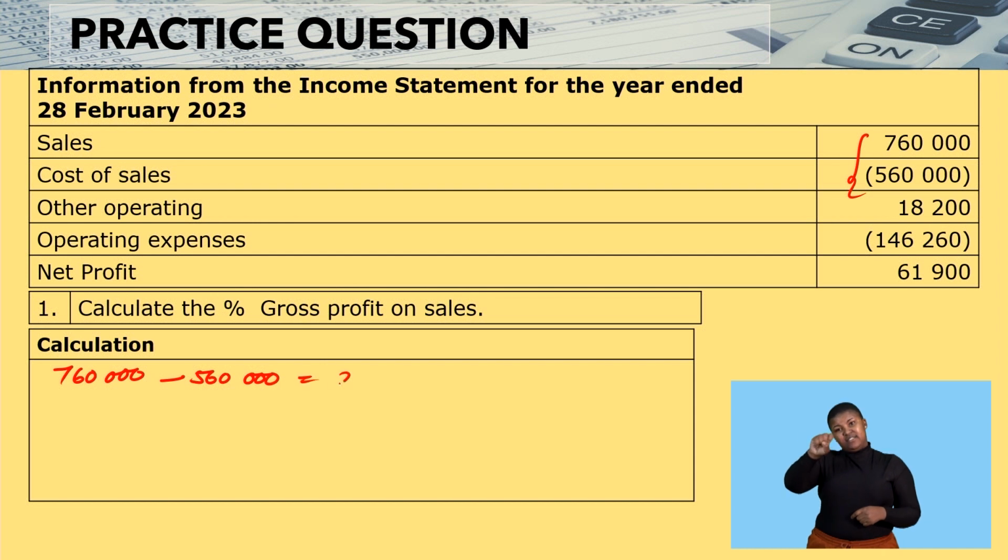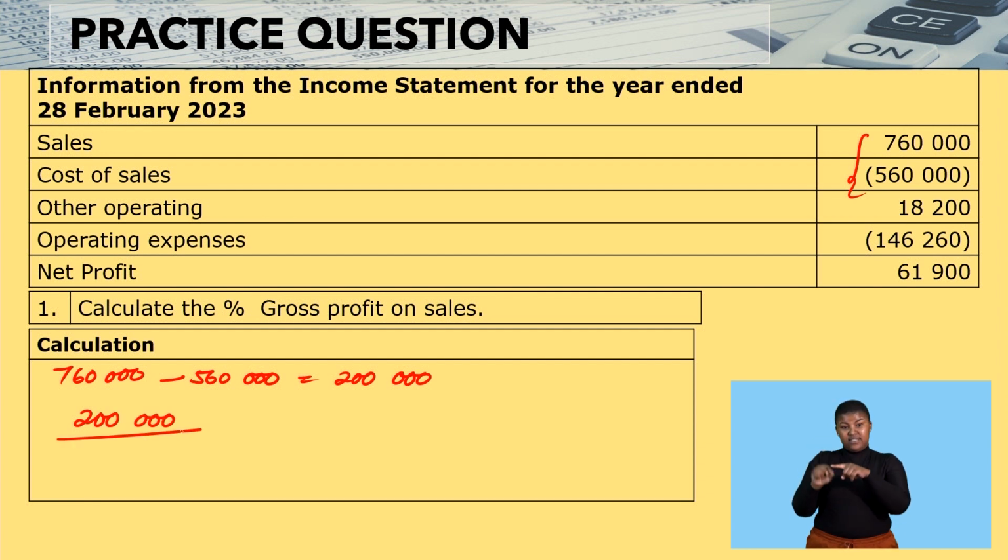That will give me 200,000. That 200,000 becomes my gross profit. So I'll then say 200,000 divided by my sales, which is 760,000. Then I multiply all of these by 100/1.